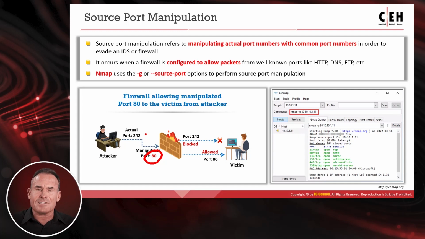So I may be able to configure Nmap to use port 80 instead of the default. Using the -g source port option allows you to specify the port. This may allow the traffic through the firewall. So depending on the firewall rules, HTTP, DNS, FTP, etc., you might be allowed in.